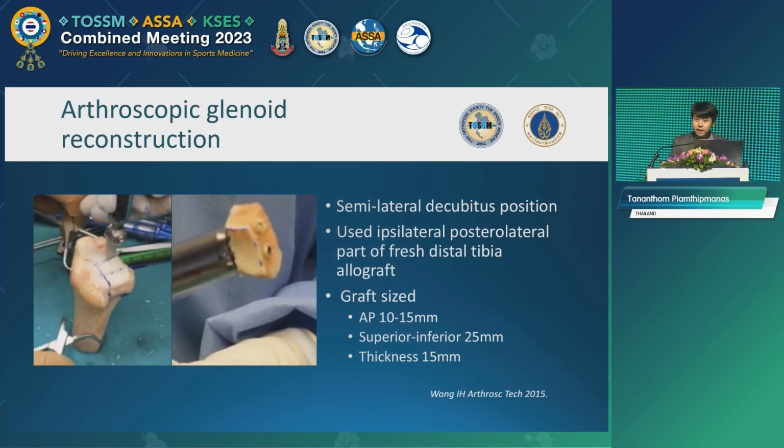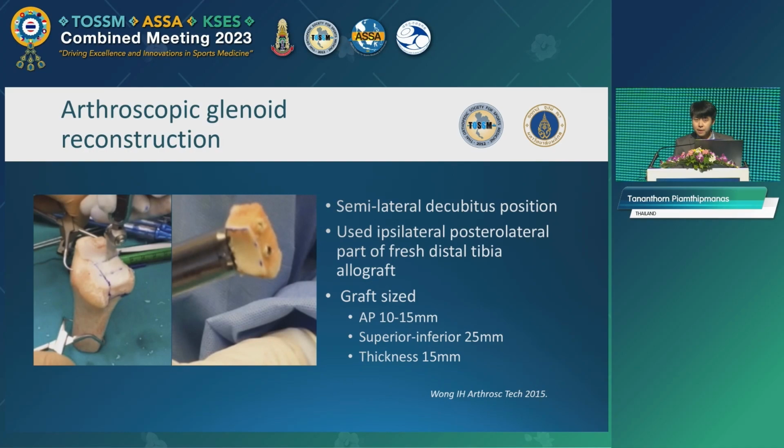In contrast to the original one, the arthroscopic technique was proposed by Dr. Ivan Wong. He used a semilateral decubitus position and did an all-arthroscopic technique. For the distal tibial allograft, he used only the posterolateral part of the fresh distal tibial allograft.